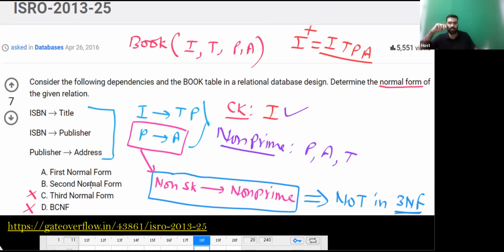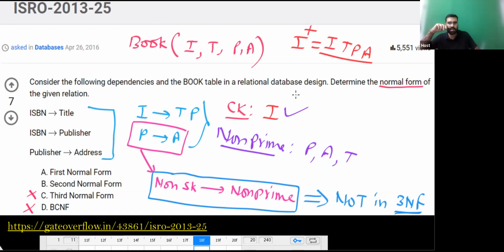Now what about 2NF? If you have a single attribute candidate key, is it possible that some non-prime attribute can be partially dependent on this candidate key?